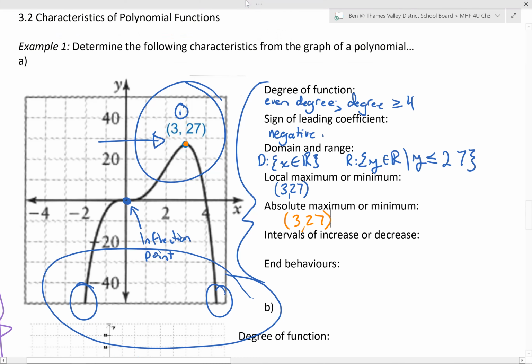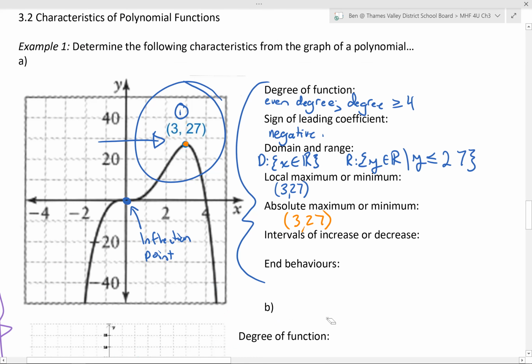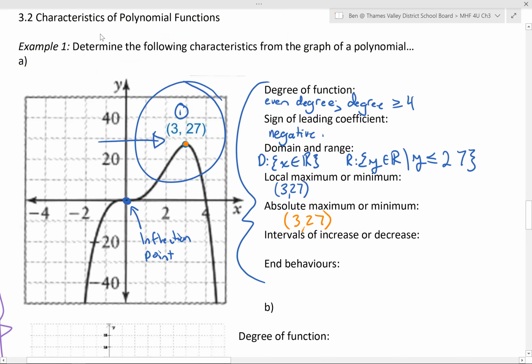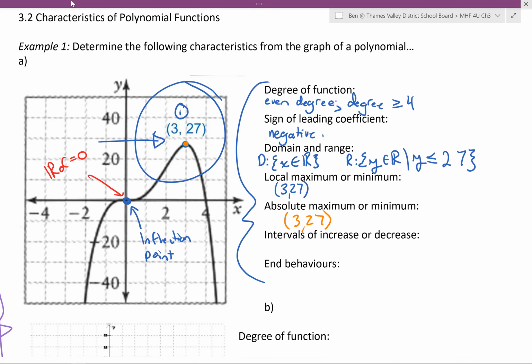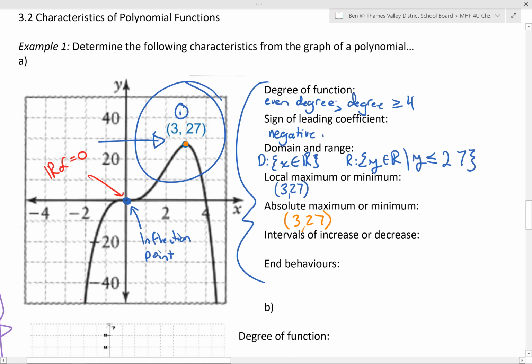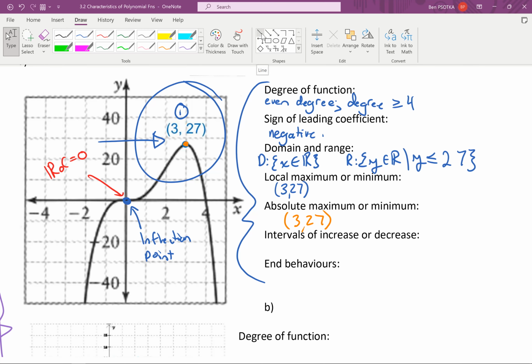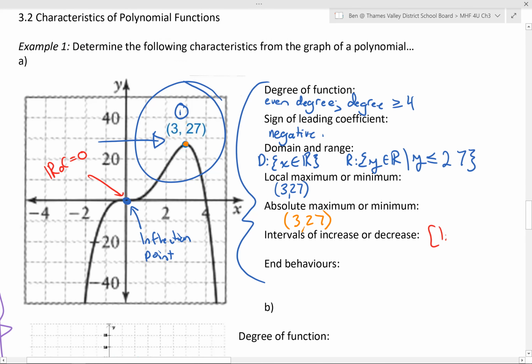Okay, now lastly, we want to look at intervals of increase and decrease. Well, we just touched on it when we learned about our intervals of increase and decrease. At our inflection point, our instantaneous rate of change equals 0. That is, our function is neither increasing nor decreasing right at that point. But our function is, if I remember how to determine if my function's increasing or decreasing, and if you don't, again, that's section 1.3.